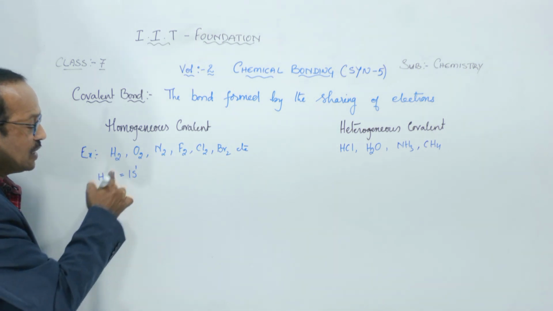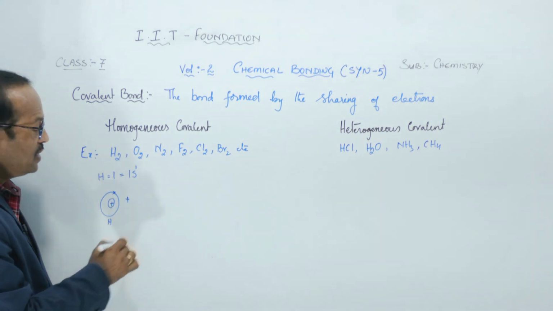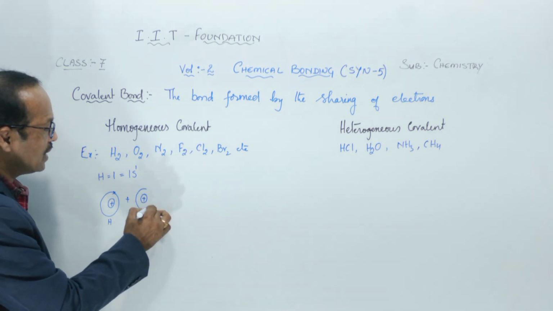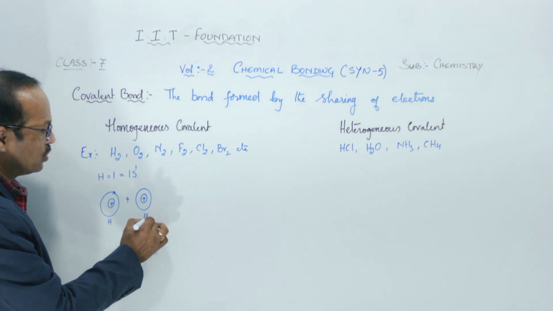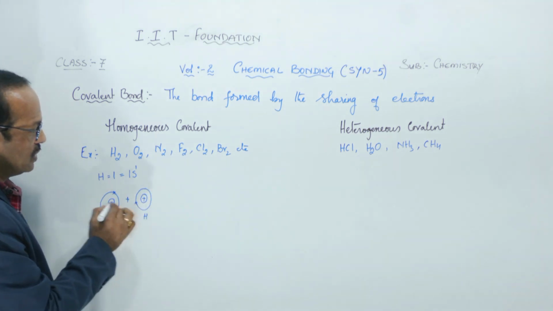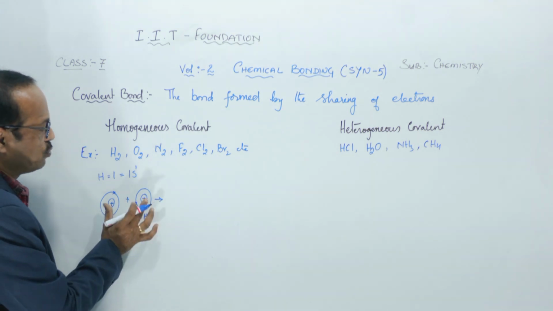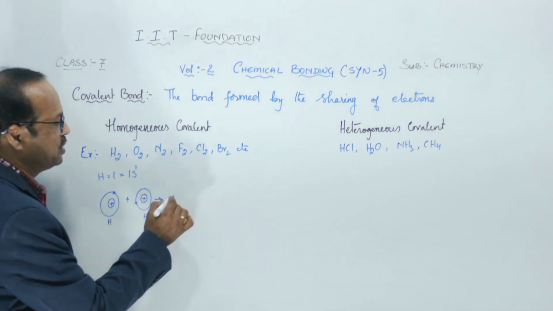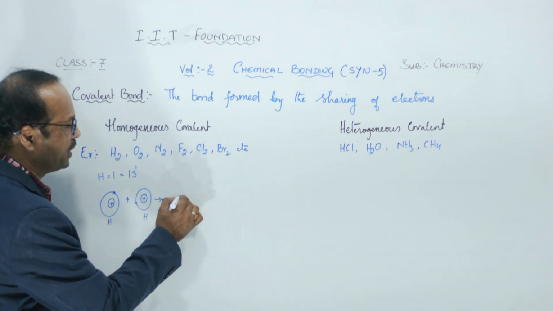When one hydrogen combines with the other hydrogen, right? So here this is the nucleus and this is the other hydrogen. This is also hydrogen, only one shell is there, the first orbit, and one electron is there. Now what happens? Both will approach, come close to each other, and the bond is formed.